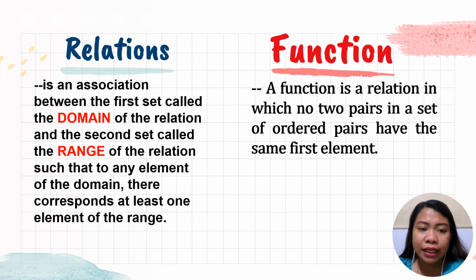A relation is an association between the first set, called the domain of the relation, and the second set, called the range of the relation, such that to any element of the domain there corresponds at least one element of the range. While a function is a relation in which no two pairs of the set of ordered pairs have the same first element, which is the x coordinate.